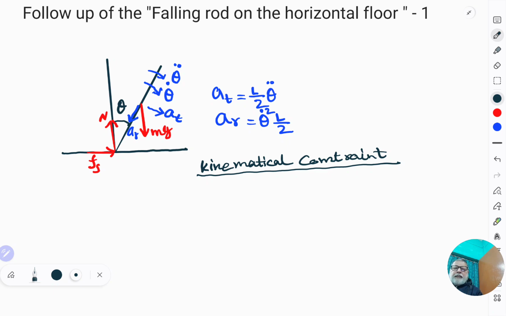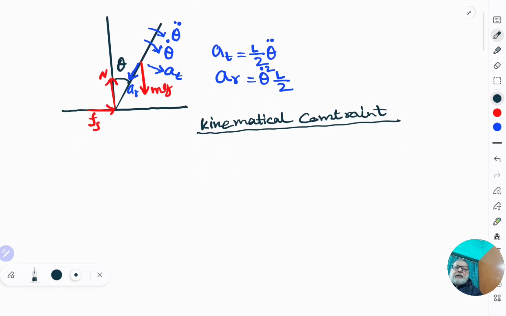Now, this same discussion, if we change the reference frame, becomes very easy to understand, very easy to explain, and very easy to work out also. Suppose we take our reference frame, instead of inertial, fixed to the center of mass of the rod.